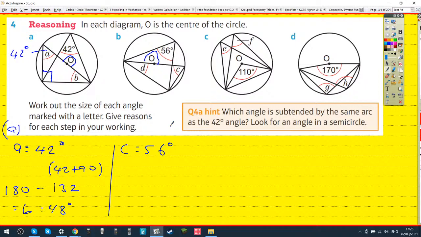So I know that one is 56 degrees and O is 180. So does that mean D is 180? So this O over here was 180.